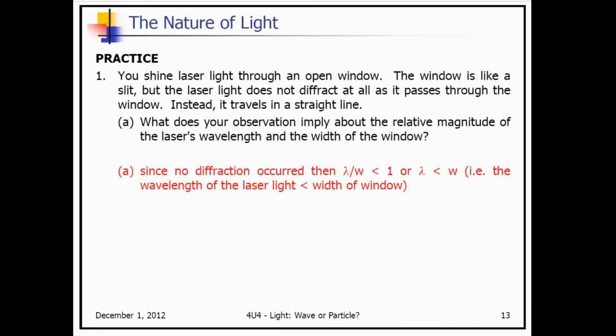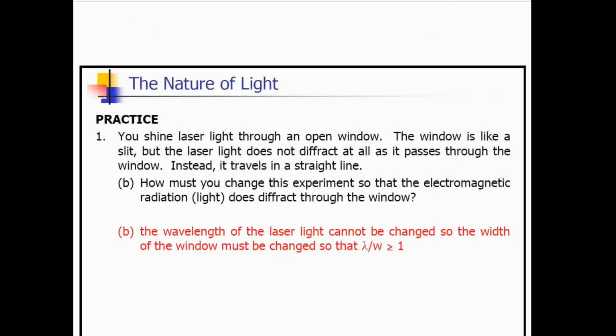So lambda over W is less than 1, which is what we looked at in I think lecture 2. So diffraction doesn't occur if that's the case. And that happens because the wavelength is less than the width of the slit. So basically, that's why we're not seeing any diffraction if we shoot a laser through a window.